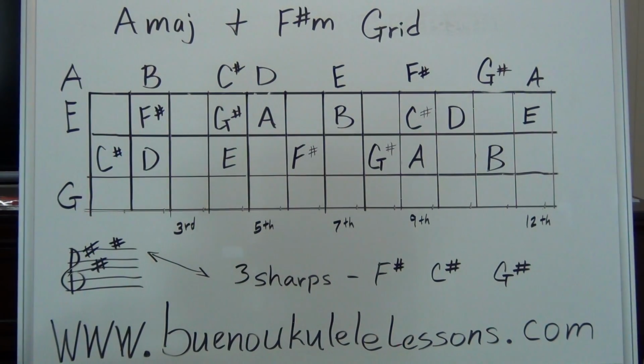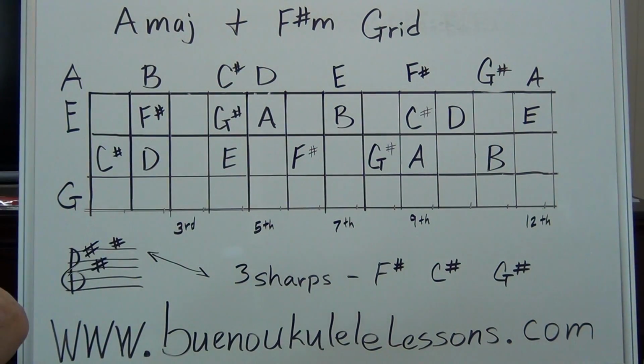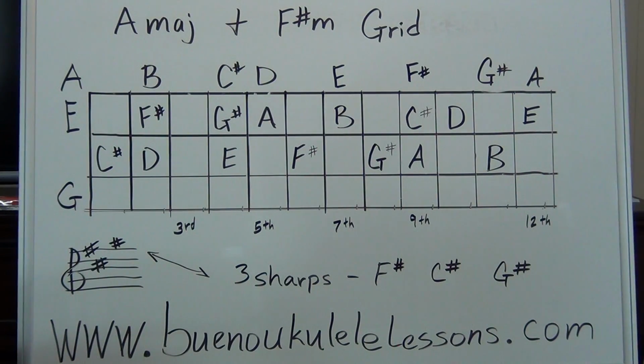Okay. Now, the main thing that you need to know before you go into the upcoming tutorial is that when you think of the A major and F sharp minor grid, you think of this whole fretboard, okay? And you think about where the notes are in the grid.